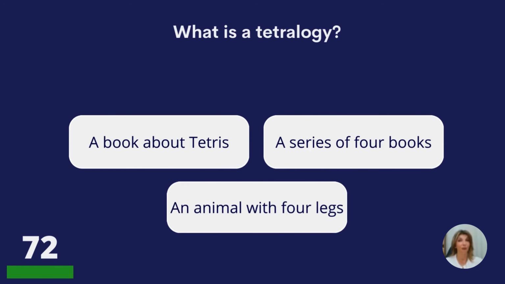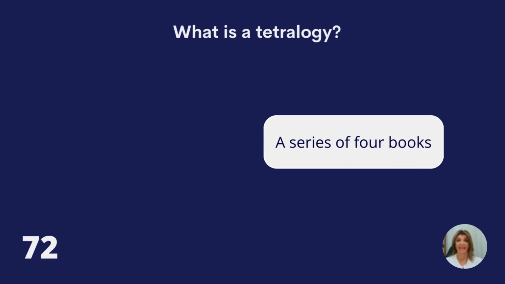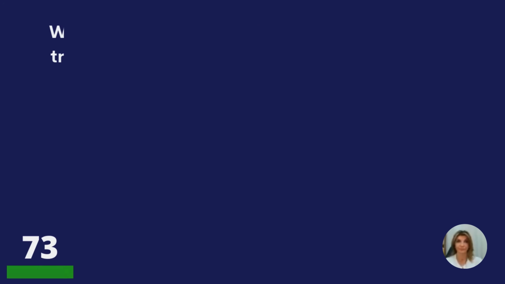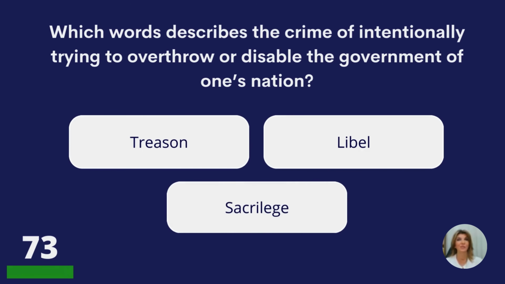What is a tetralogy? A book about Tetris, a series of 4 books, or an animal with 4 legs? A series of 4 books. Which word describes the crime of intentionally trying to overthrow or disable the government of one's nation?